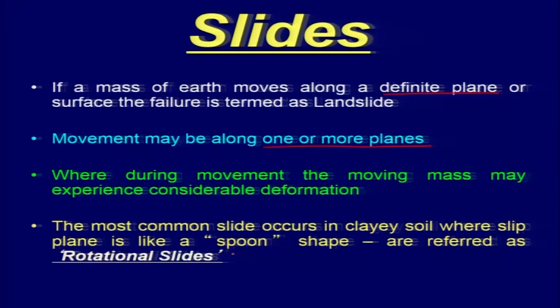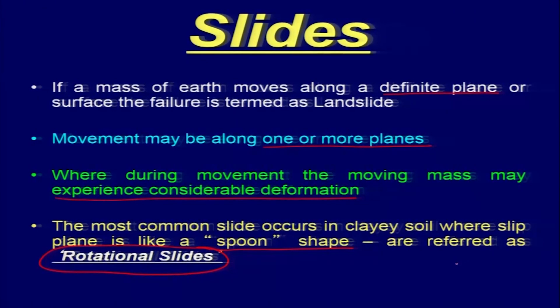So, the definite plane, one or more planes, may experience considerable deformation, and the surface could be seen as a spoon shape, and this type of slide is termed a rotational slide.